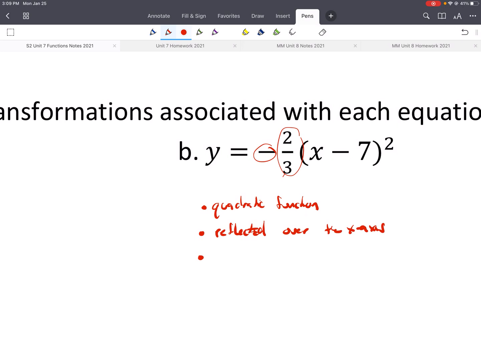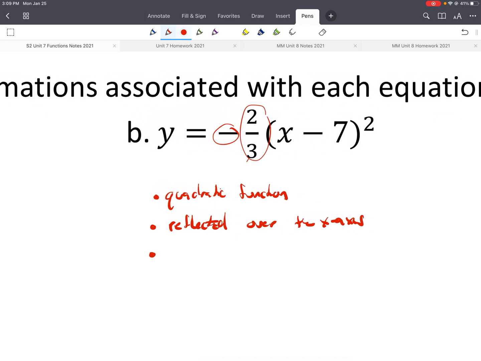So here it's being vertically compressed by a factor of 2/3.